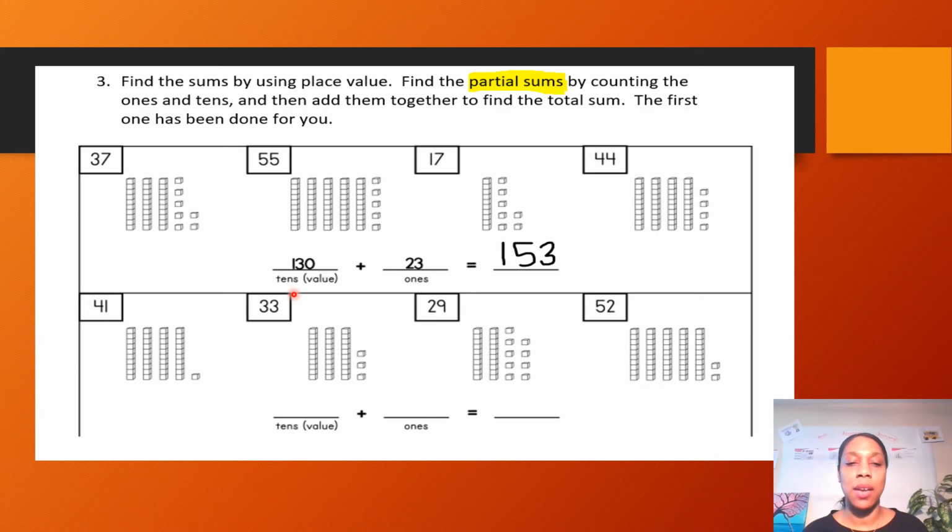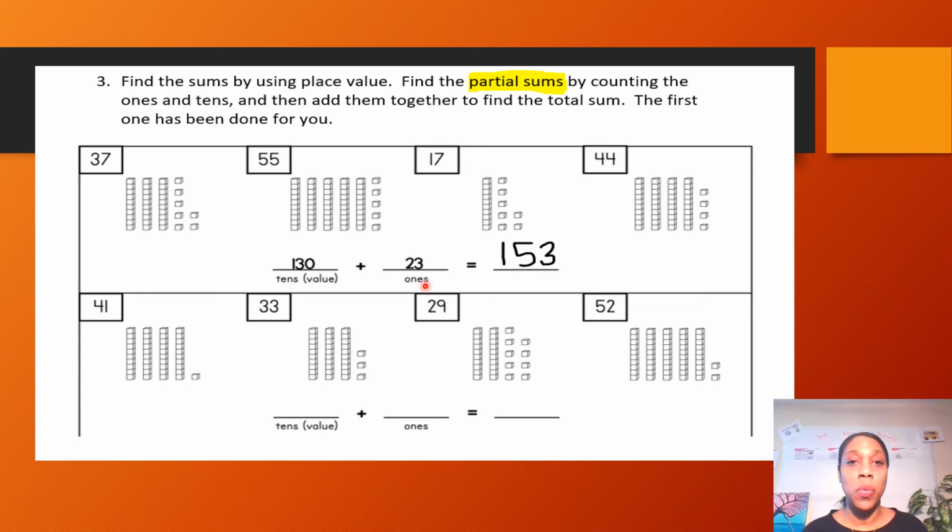Next, I'm going to count the ones, only the ones blocks. So that's 1, 2, 3, all the way up to 23. And I have 23 ones.